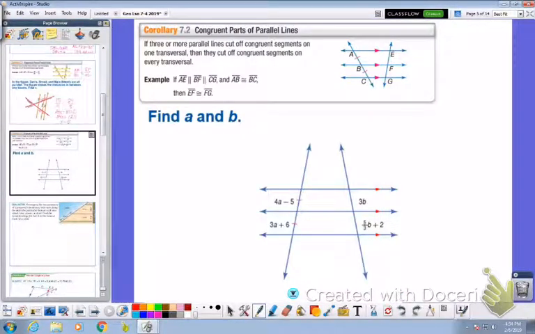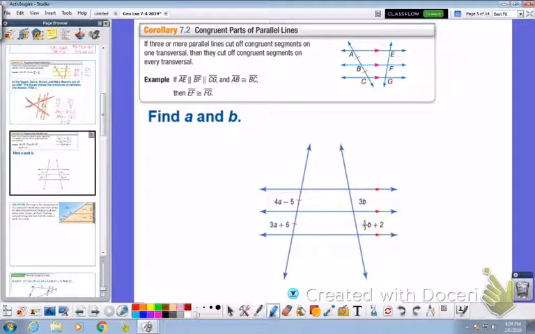Here is now dealing with some congruent parts. Corollary 7.2 says congruent parts of parallel lines. If 3 or more parallel lines cut off congruent segments, so these segments are congruent, on one transversal, then they cut off congruent segments on each transversal.